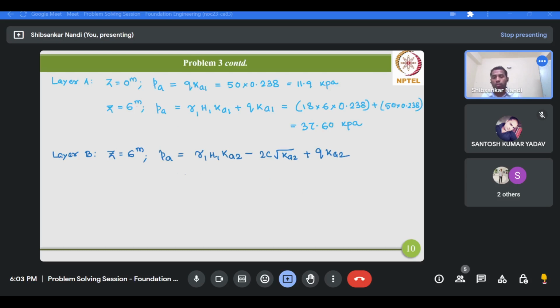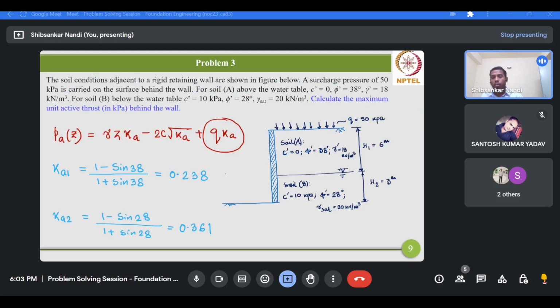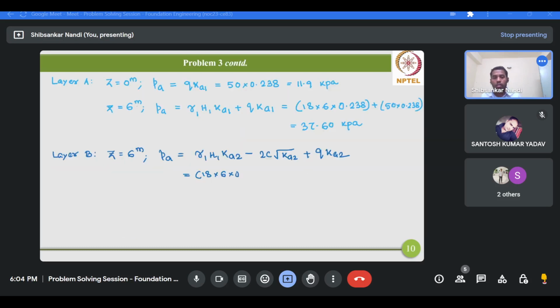Okay. 18 multiplied by 6 multiplied by Ka2 value, 0.361, minus 2 multiplied by the C2 value, 10, multiplied by root under 0.361, plus 50 times 0.361.